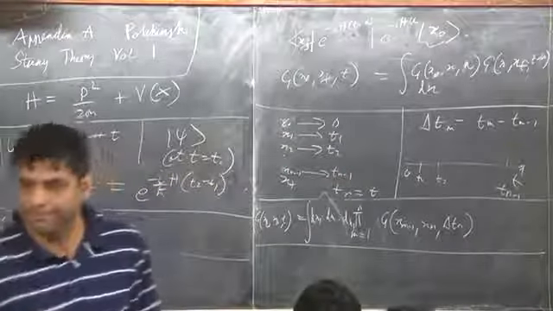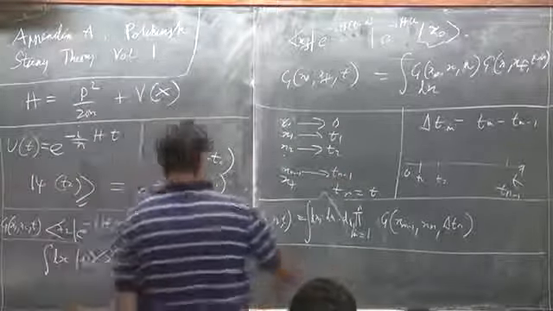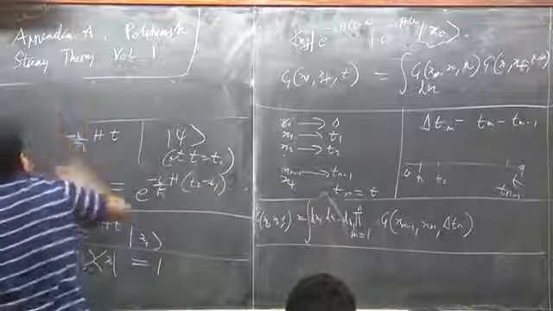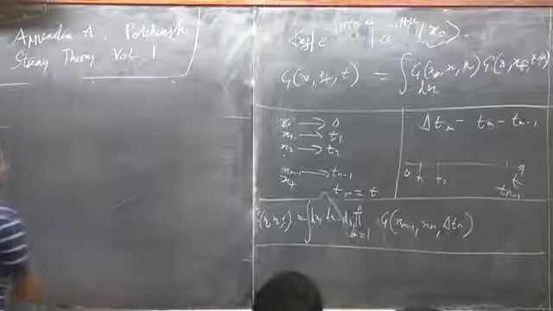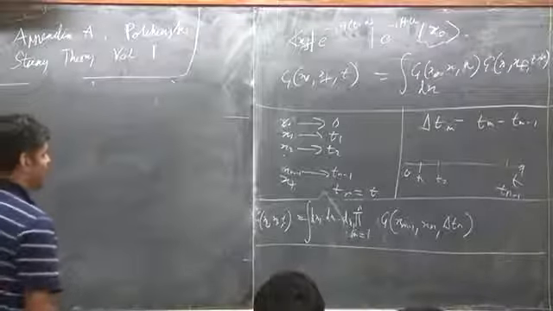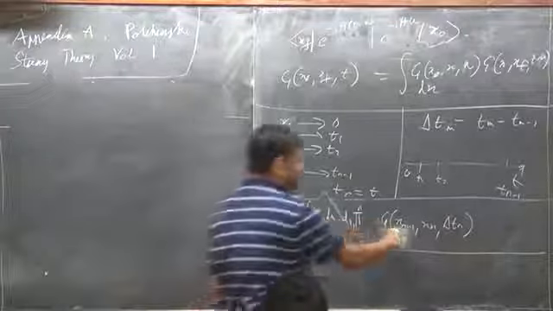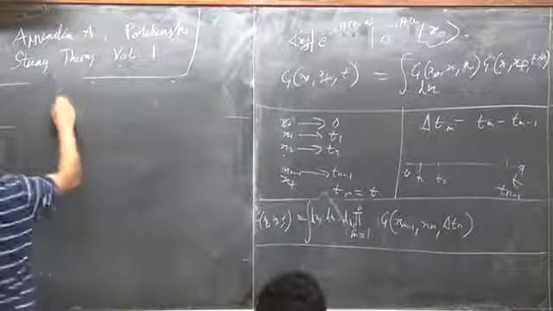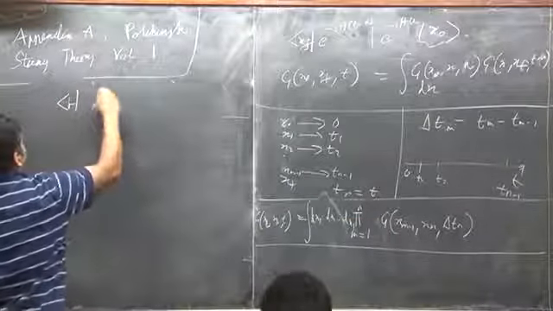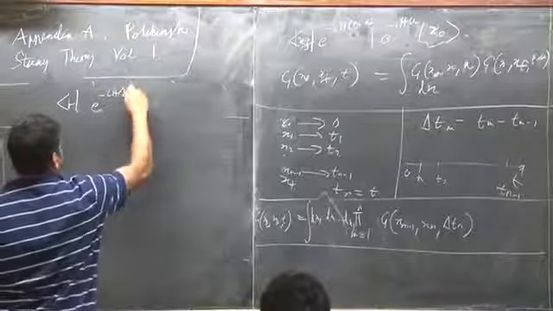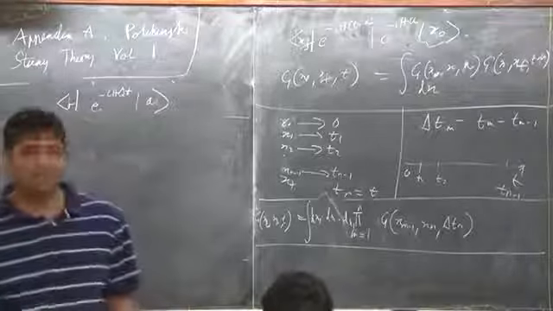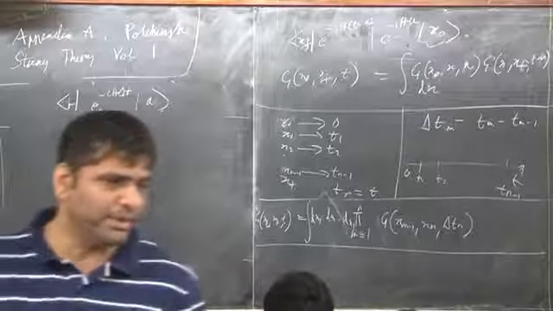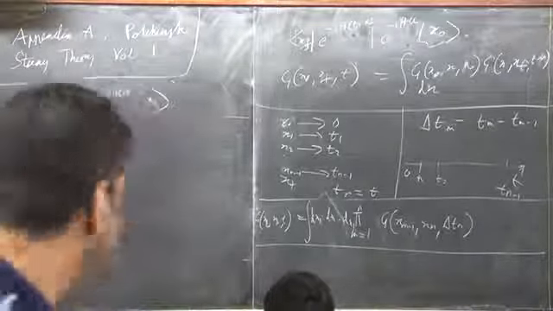So let's go ahead and compute. So what we want to do is compute this evolution operator, let's say e to the power minus i H delta t over h cross, and when delta t is now some infinitesimal object, we want to work to first order in delta t.